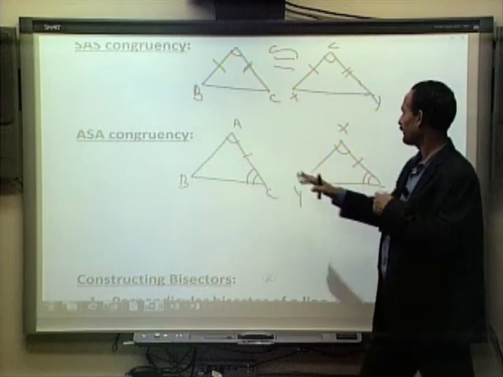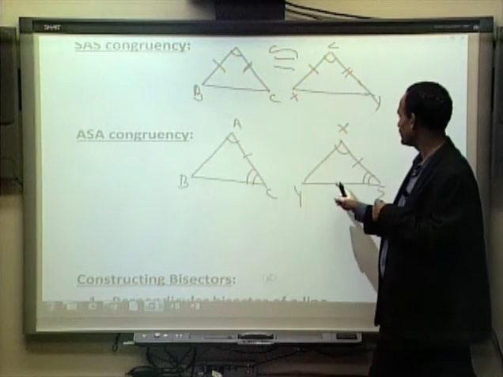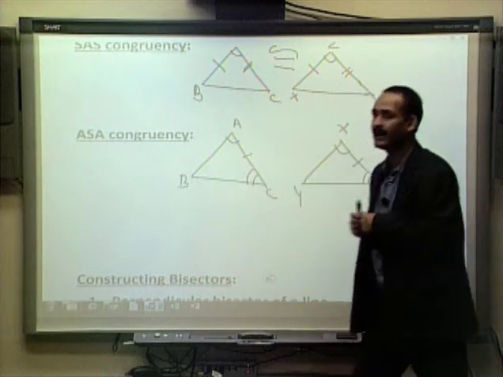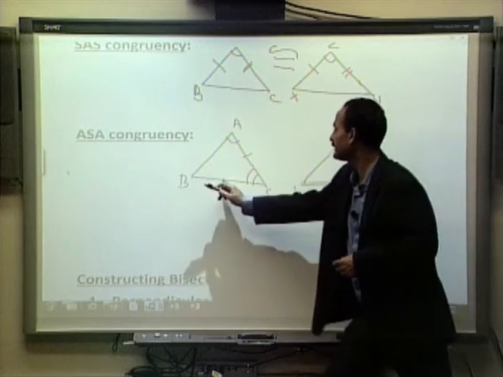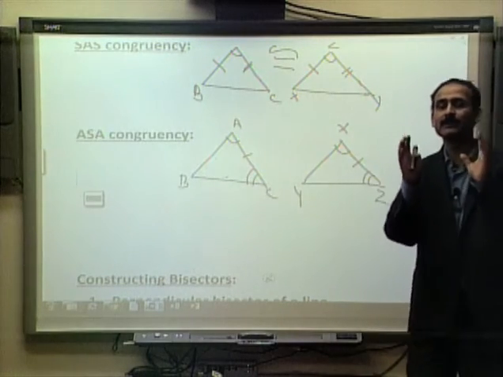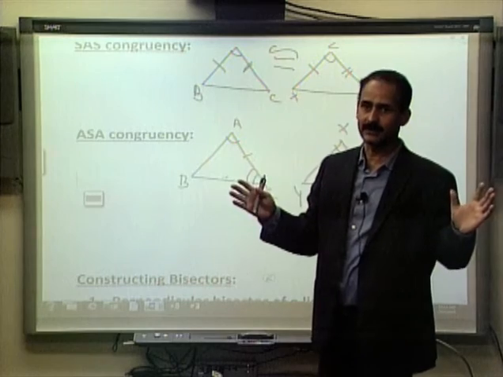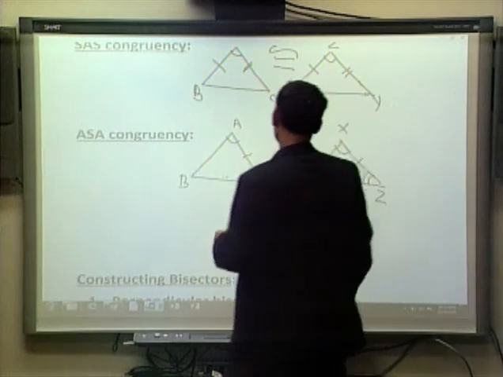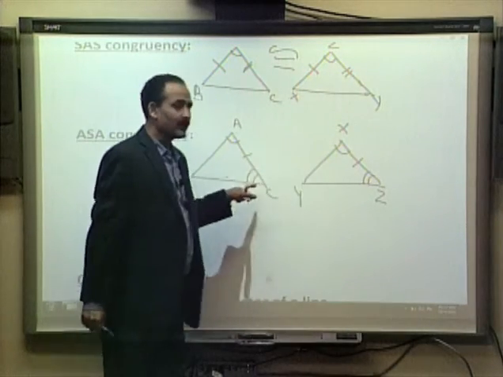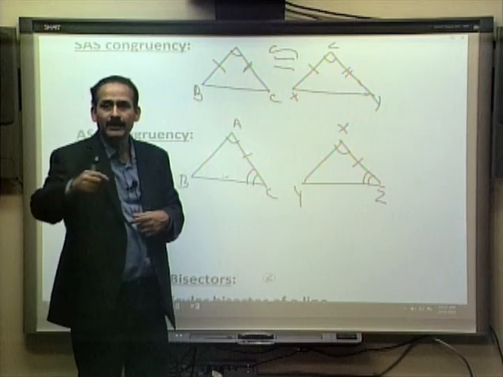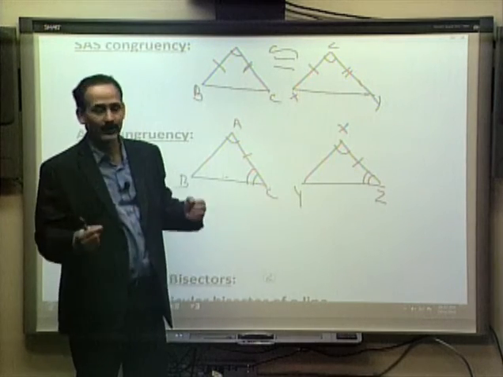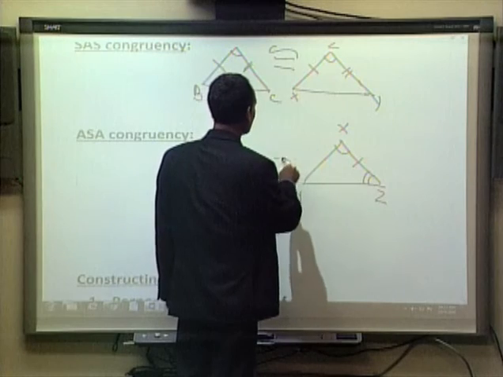We cannot apply ASA congruency if this side and this side are the same, because they are not in between the two angles we are considering. So, if two angles are equal and the side in between them is also equal or congruent, then these two triangles are congruent.